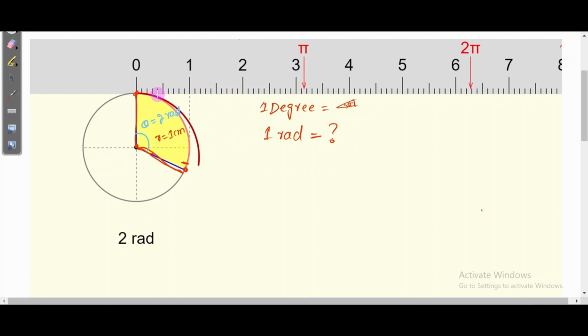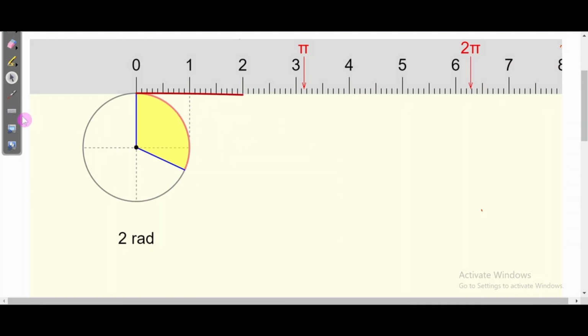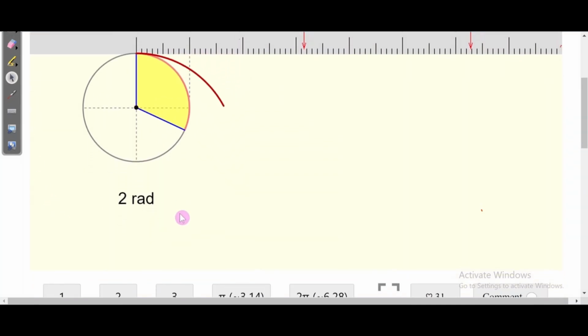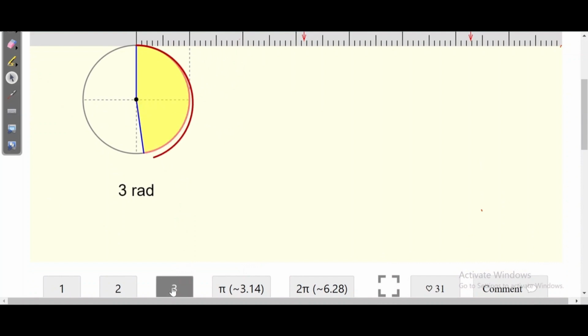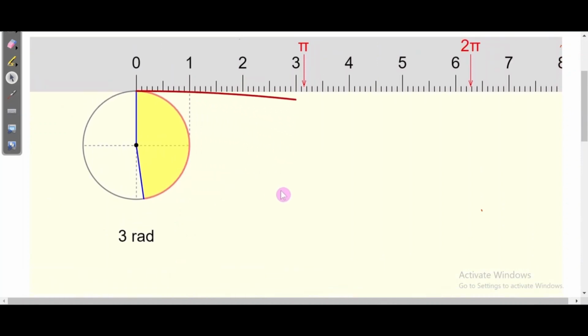For 1 radian, this arc is 1 centimeter. For 2 radians, this will be 2 centimeters. For 3 radians, this will be 3 centimeters. So for 3 radians, let's say I'm going to select the 3 radians. So in the same circle, we have radius r, and r is equal to 1 centimeter.